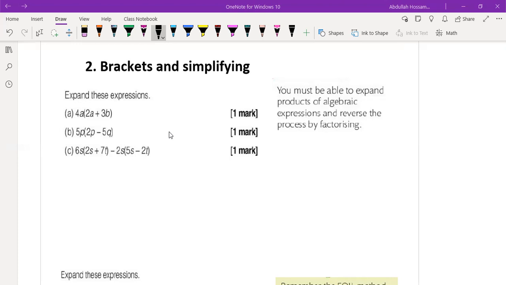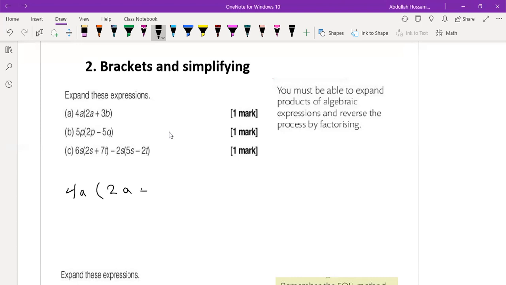So we know that factorizing and expanding are opposite to each other, like day and night, like up and down. They are called reverse operations.